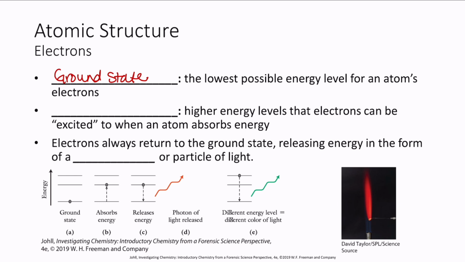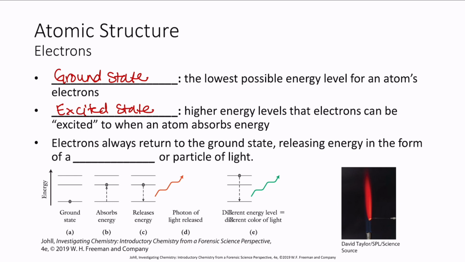Now, if you put some energy into that electron, it's going to go up into an excited state. So the electron is going to get excited and it's going to go up into a different energy level. So here we have an electron in the ground state energy level, and here our energy is going up. If we absorb energy into that electron, it can get excited into a different energy level.